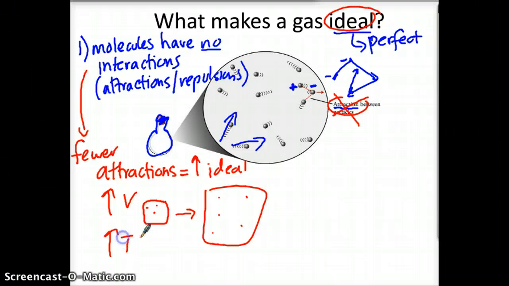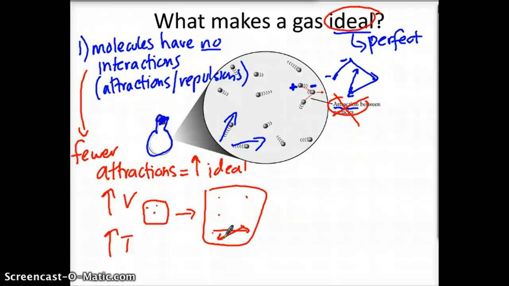Also, if you increase temperature, if you make molecules move faster, they're just going to fly by each other. They're not going to have time necessarily to interact. So these are some ways that we can think of gases as ideal. Therefore, the lighter the molecules are, the faster they move, the more ideal they will behave.